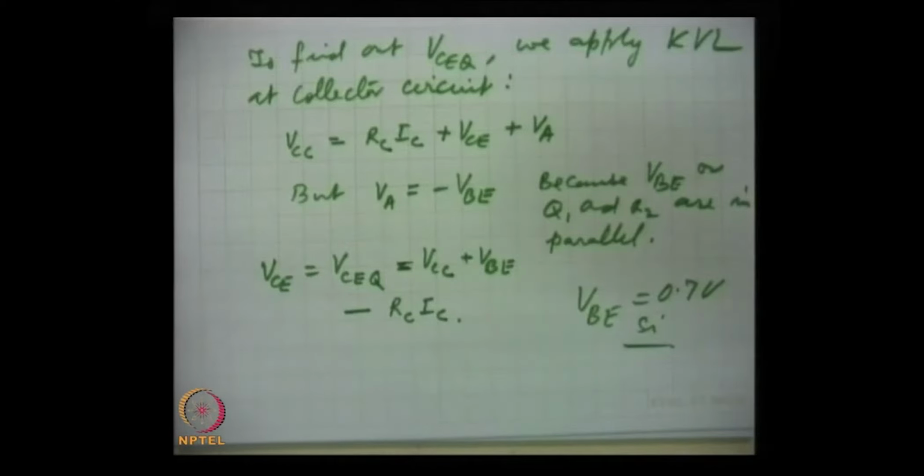Now, this is the DC analysis, and this DC analysis is applicable for this particular differential amplifier, and this is important, and all its variations which are possible. This differential amplifier can be used in more than one way.